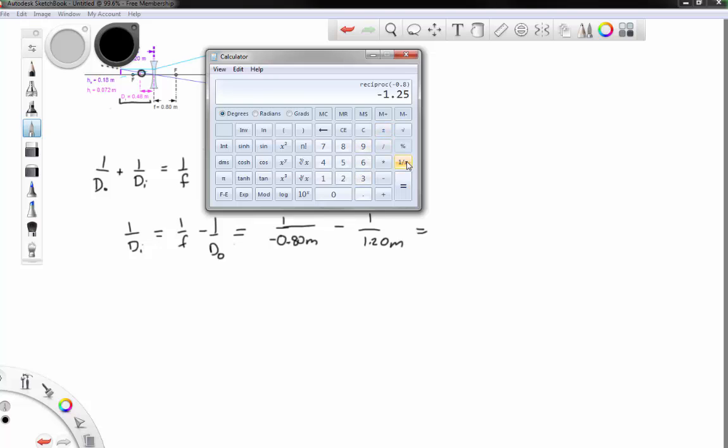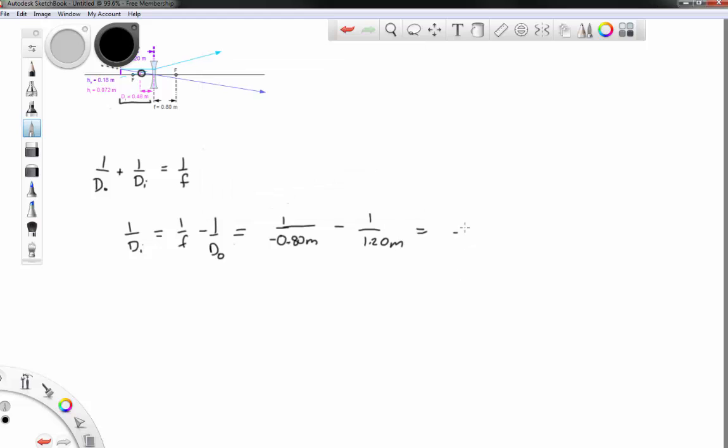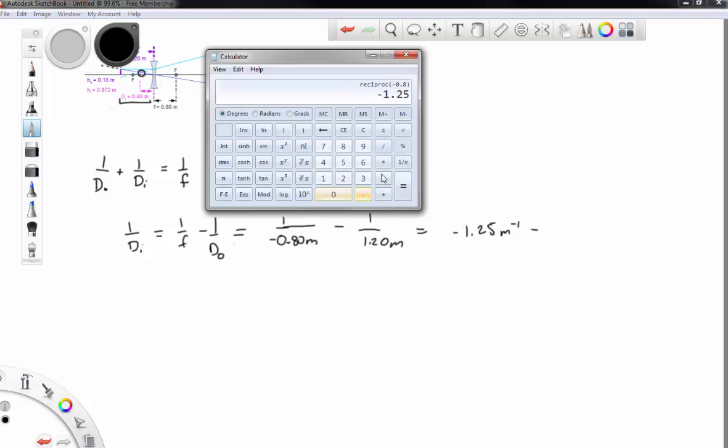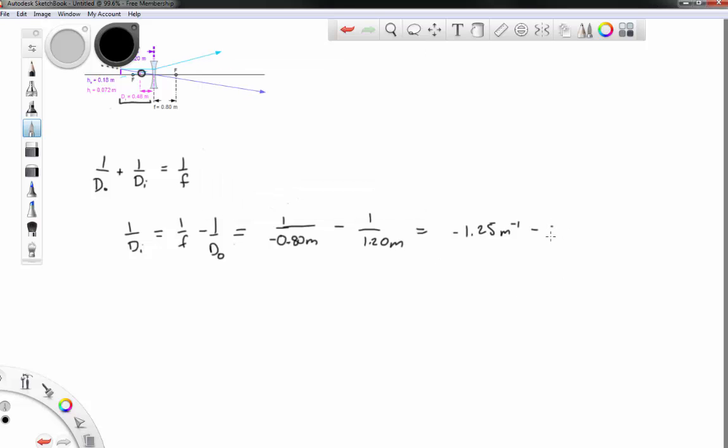We need to know what 1 over that is. So minus 1.25 inverse meters minus an additional, plug in the 1 over 1.2, and what you get is 0.833. So minus 0.833 inverse meters.